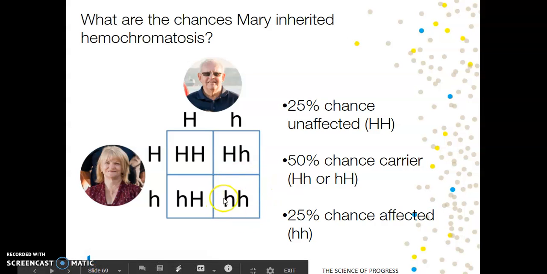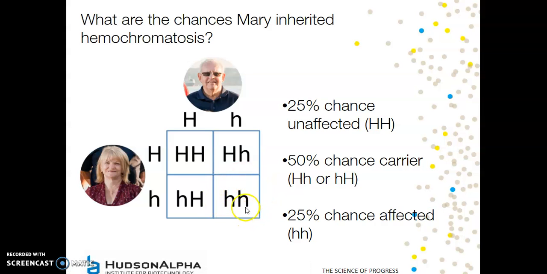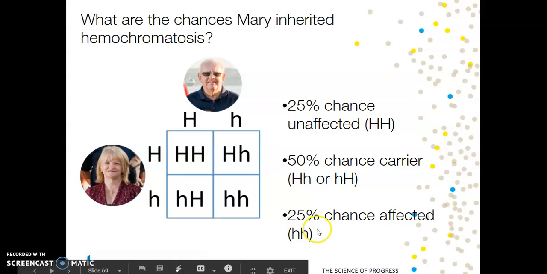And there is a 25% chance that their child would be affected with hemochromatosis. So Mary has a 25% chance of having hemochromatosis, which sounds kind of small, but in this family, we already know that David has hemochromatosis, so we know it is possible.